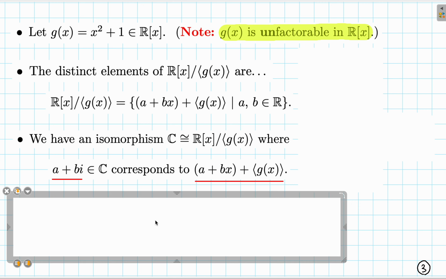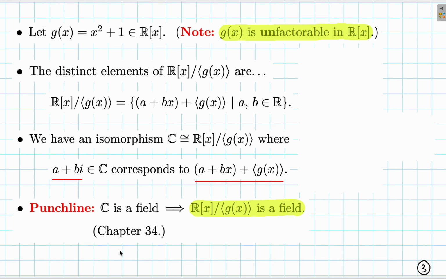And here's our punchline. As you'll read in chapter 34 of the textbook, the set of complex numbers C is not only a ring, but it is also a field. And therefore, our quotient ring, which is isomorphic to C, must also be a field. And here is a summary of our work today.